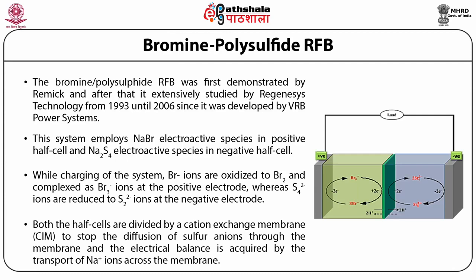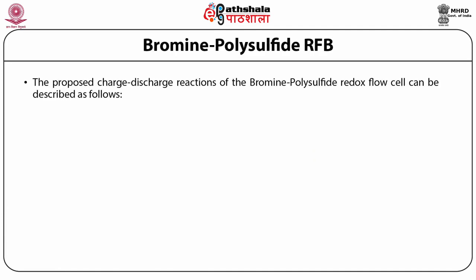Both the half cells are divided by a cation exchange membrane, CEM, to stop the diffusion of sulfur anions through the membrane, and the electrical balance is acquired by the transport of Na+ ions across the membrane.